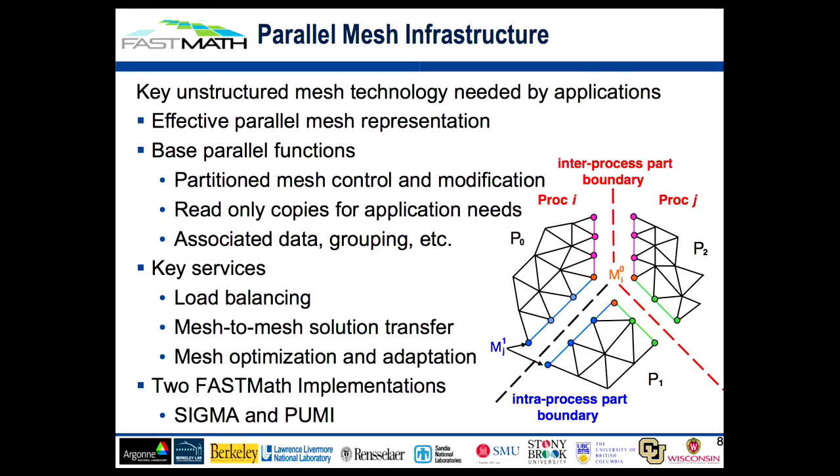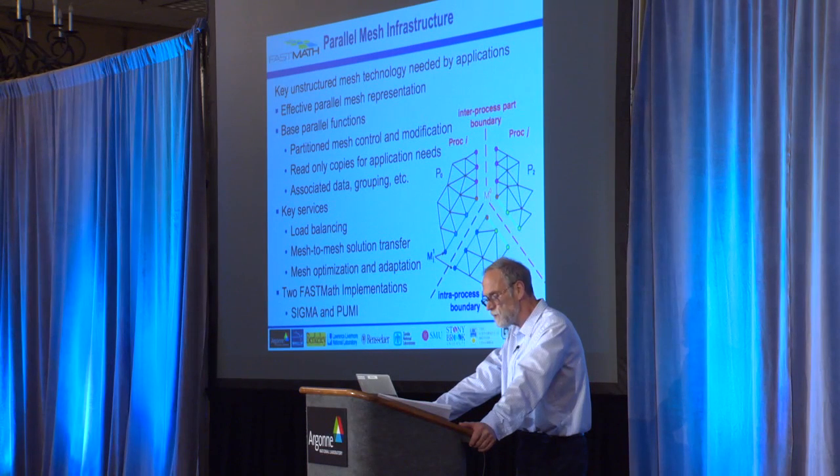Well, certainly between nodes we need a distributed mesh. So we have a concept of a partition model in which we can have the mesh broken into individual parts. We have methodologies for controlling the communications between the mesh, for being able to move the mesh between and change the partitions, because we're going to be adapting the mesh, need to do dynamic load balancing, things like read-only copies for typical operations to make them more efficient.